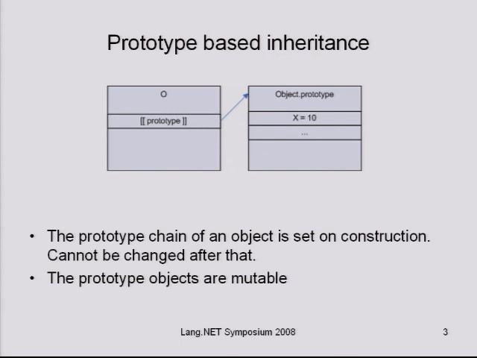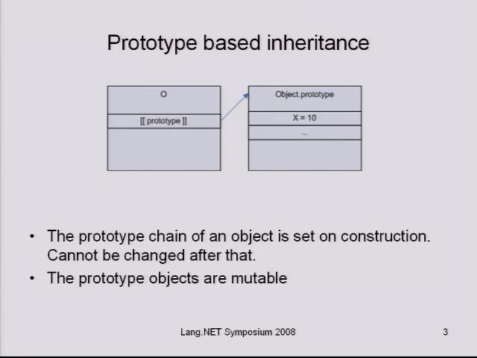So in prototypal systems, objects inherit from objects. In other words, the prototype of an object is by itself an object. In the case of JScript, when we construct an object, we stash away a hidden link to this prototype.